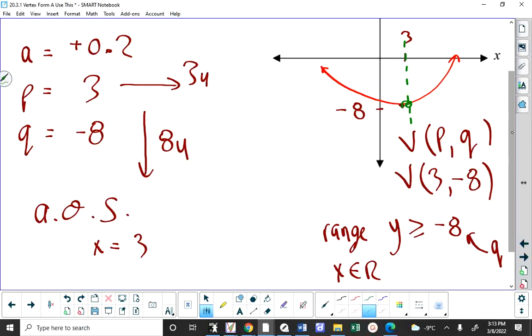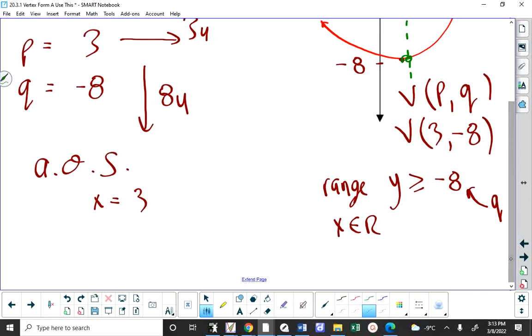Or you could just put it together in a cleaner, more succinct statement and say the minimum is y equals -8 at x equals 3. I think you need those y's and x's in there. If I just say the minimum is -8 at 3, I think that's sloppy.